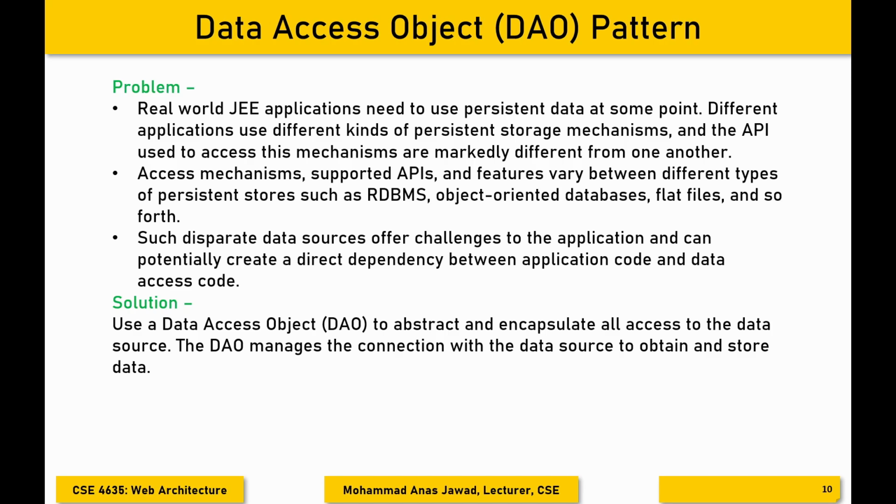So the implementation details can change whenever it comes to accessing those databases, but the interface does not really change, right? So we don't have to worry about changing our business logic code whenever we decide to maybe change our database in the future, right? So that's what the DAO pattern aims to solve, or solves by proposing this kind of solution.